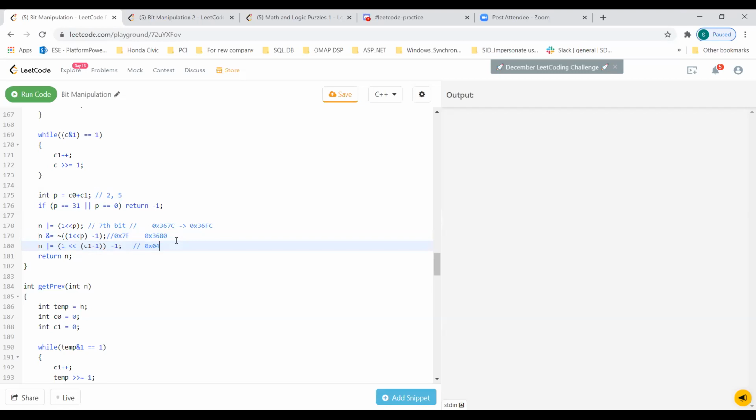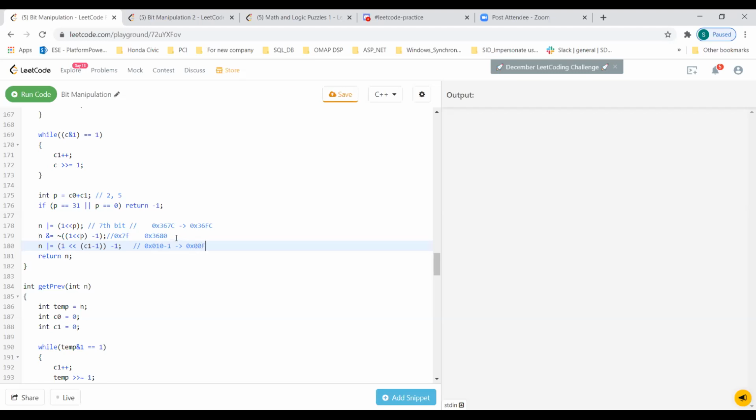So when I form a mask of 0x4, I just shift it to 4. In that case, it will be the 16th bit I'll be setting, so it will be 10. And then I subtract 1. So what I'm going to get in this case will be 0x00, and then this will be f, right?